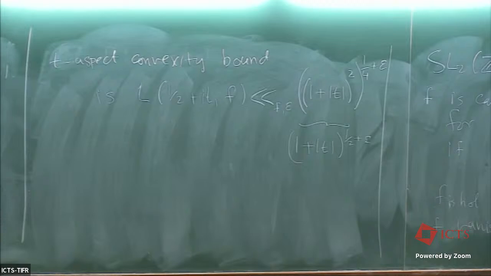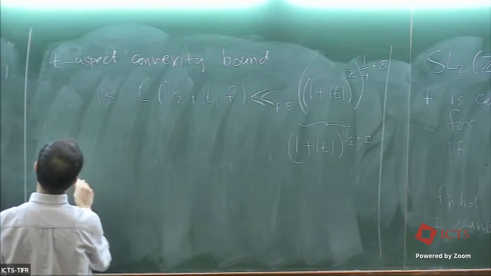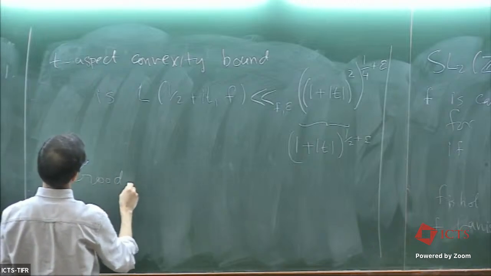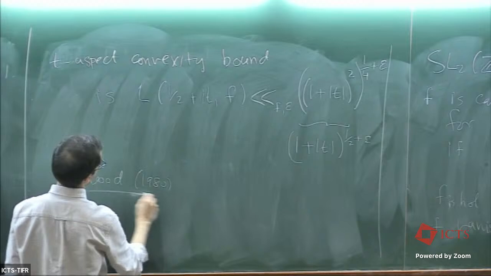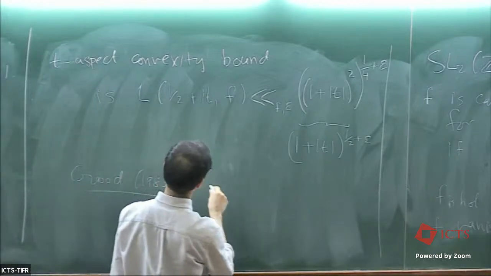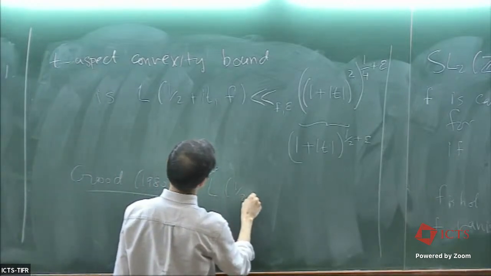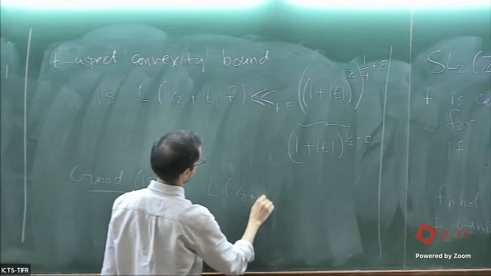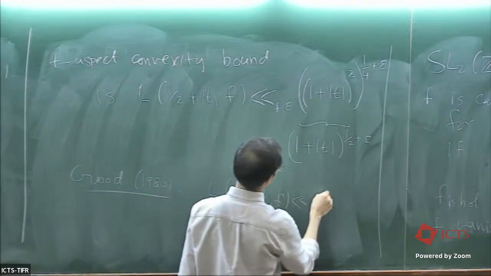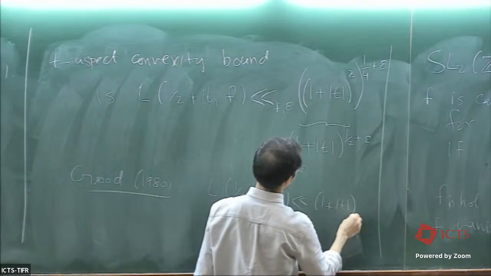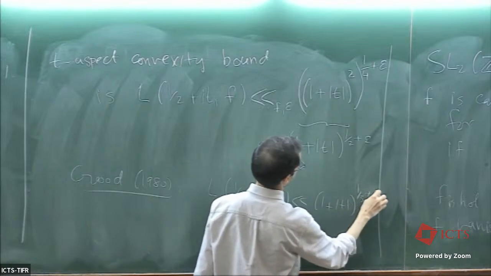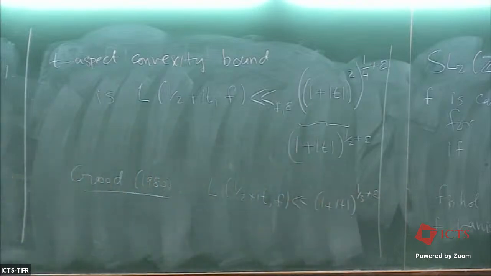So the first bound of this kind was actually by Anton Good in 1980. And he showed the bound of L(1/2 + it, F) as 1 plus T to the 1/3, and 1/3 is less than 1/2. Right? So this was the first known subconvexity bound for degree 2 L functions.